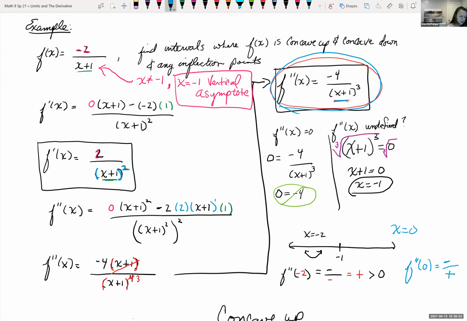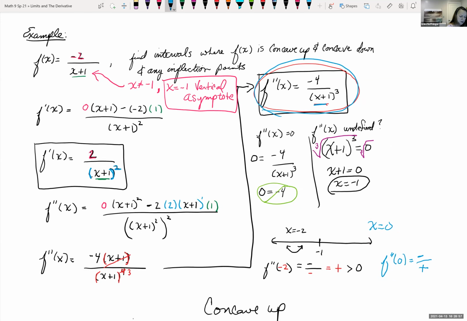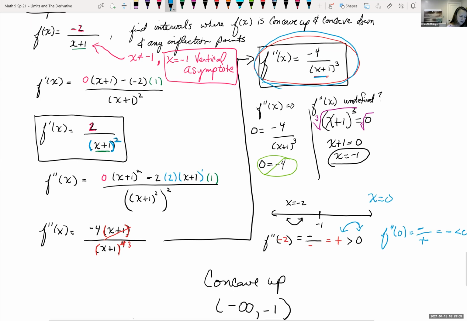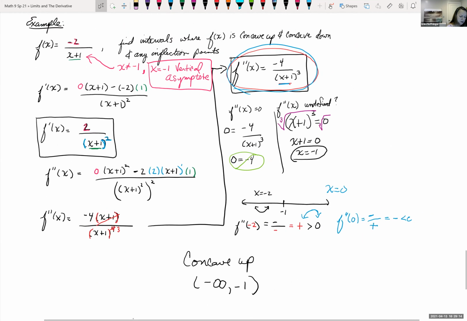So something that is negative in the numerator and positive in the denominator is a negative number. So this is less than 0. That tells me that it's concave down. So we just found it's concave down from -1 to positive infinity.